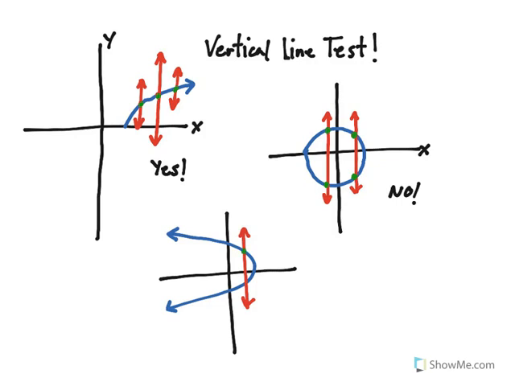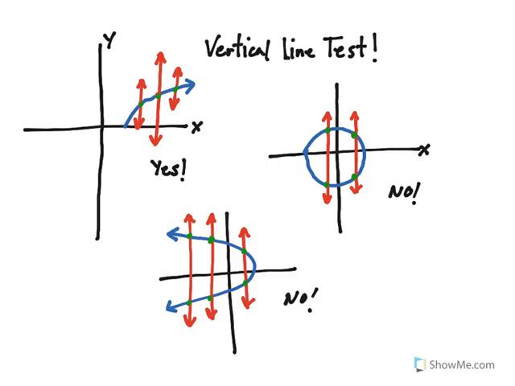Well, this intercepts that parabola twice, so that fails right there. So it's not a function. If I draw a vertical line here, it's still going to fail. Let me do it again. It failed. No matter where I draw a vertical line, it's not going to be a function. So that would be a no.